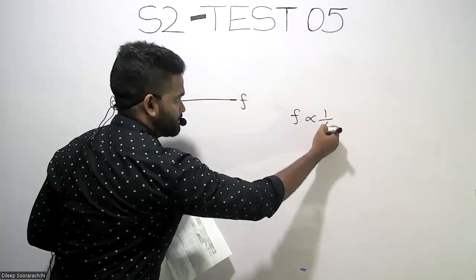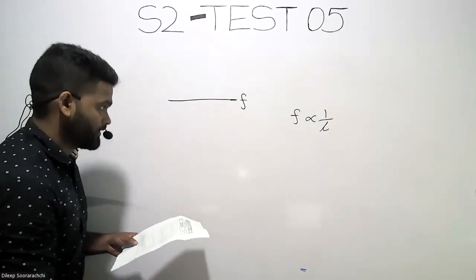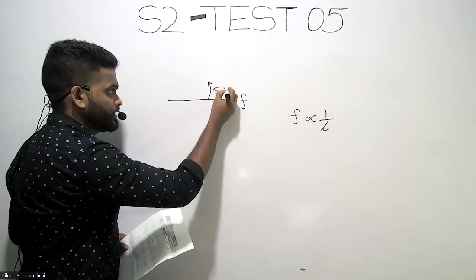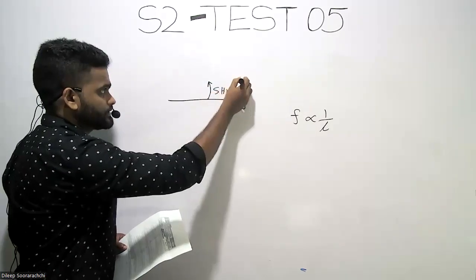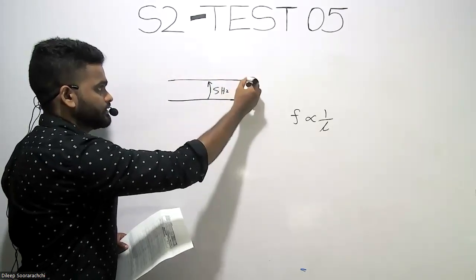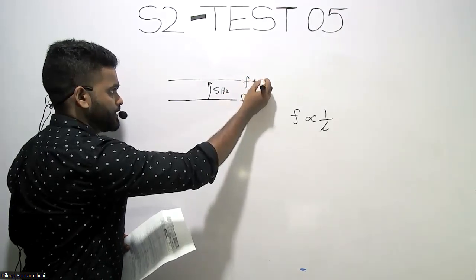We know that frequency is inversely proportional to the length. So one wave creates a beat frequency 5 Hz. So it has the higher frequency. So the frequency of this should be F plus 5.